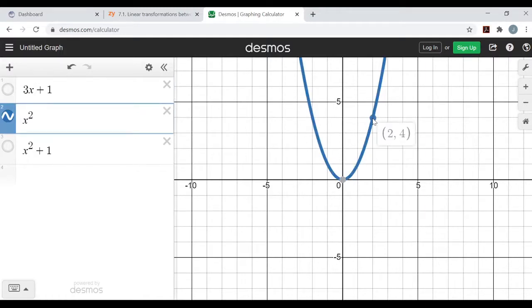So one of them is (2, 4). So one of the values in the pre-image of 4 would be 2, because 2 has an image of 4. And then the other value that would be in the pre-image of 4 is negative 2. You see how negative 2 has an image of 4? So negative 2 is in the pre-image of 4 as well.